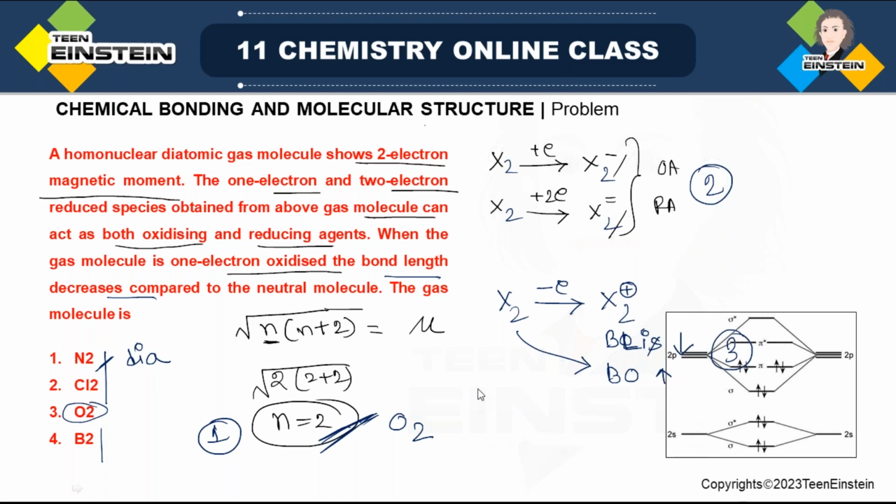This is for nitrogen, the energy profile diagram that you are seeing, and here we do not have any unpaired electron. But suppose it is B2, there will be only 1 electron like this, and both electrons should be present in sigma, so there is basically no unpaired electron.